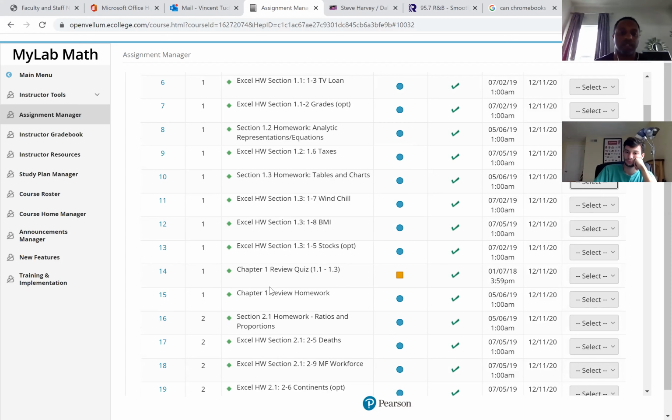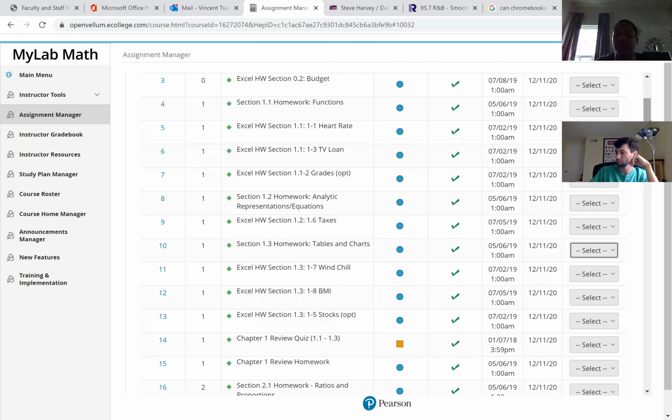The other stuff is Excel work. So we don't have any due dates as of yet, but at some point we are going to put some out there. So make sure that you guys are able to get into Excel and are able to knock these things out. And if you're not, that you get with me so we can see what your issues are, whether it be formulas or whatever the case may be.